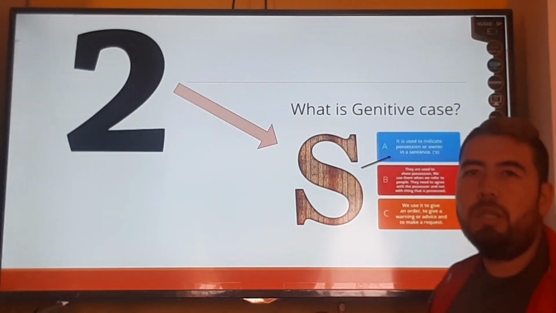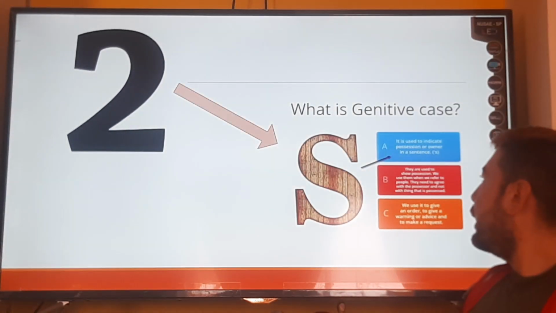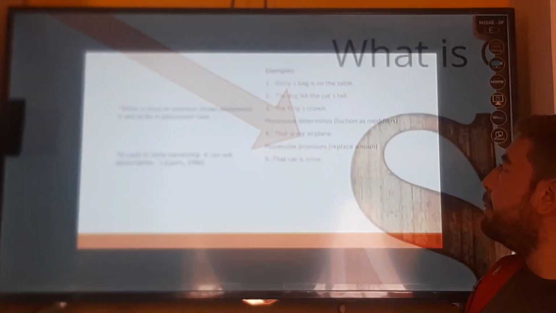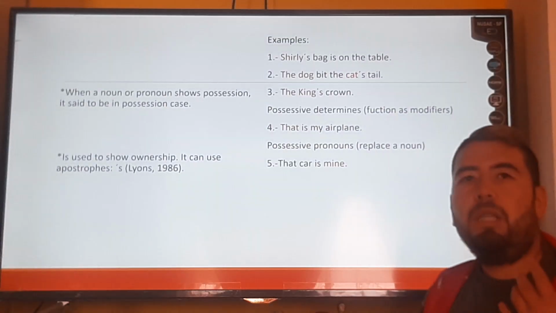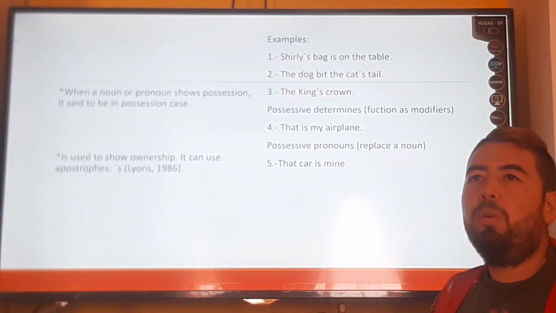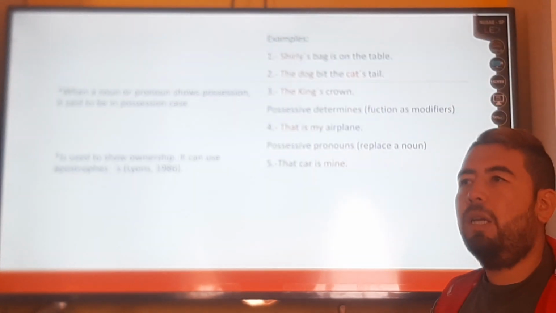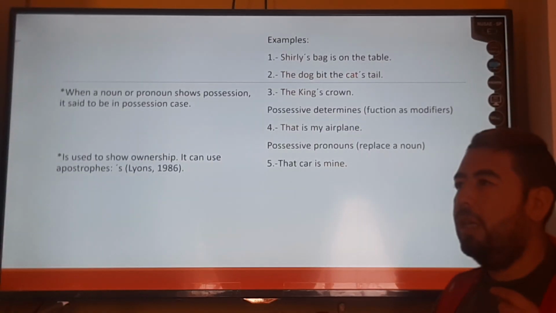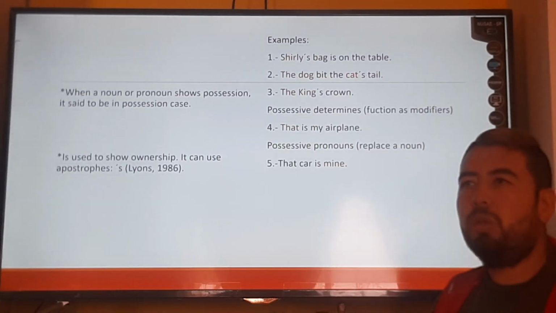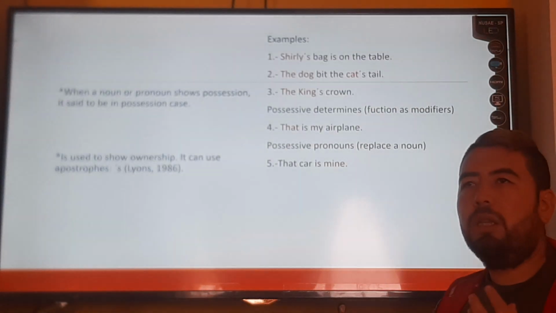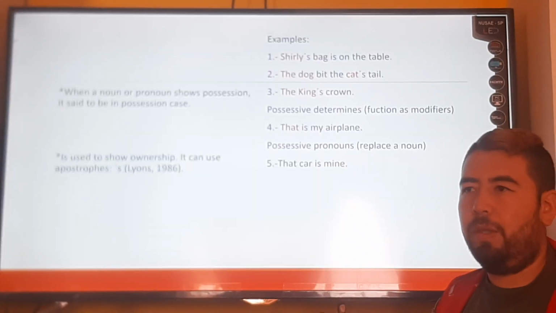The second is the genitive case. What is the genitive case? When a noun or pronoun shows possession, it is called the possessive case. It is used to show ownership, and it can also use apostrophes.